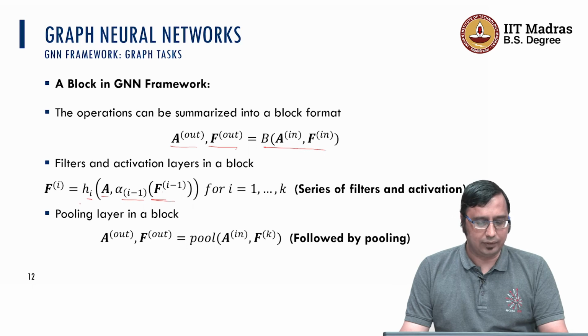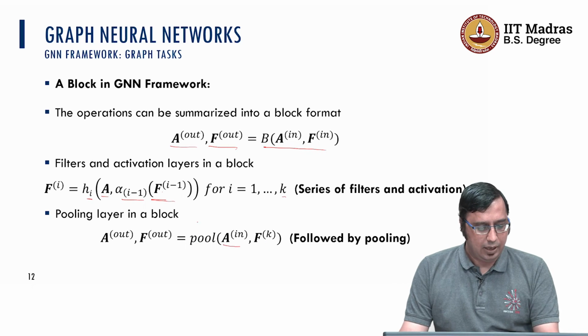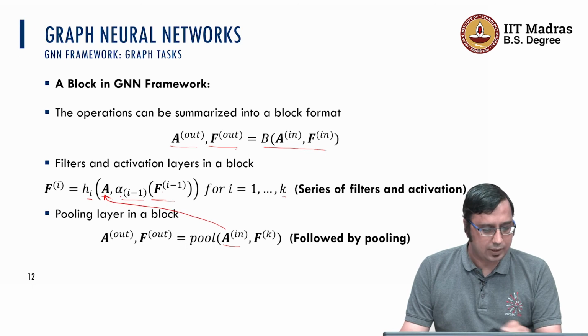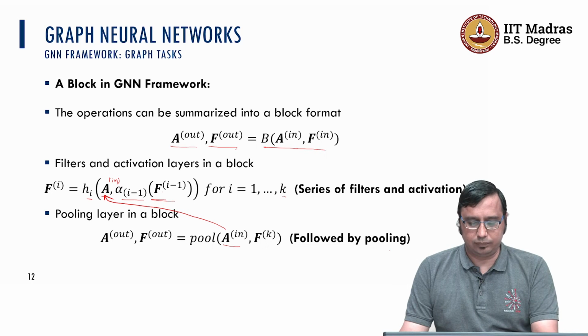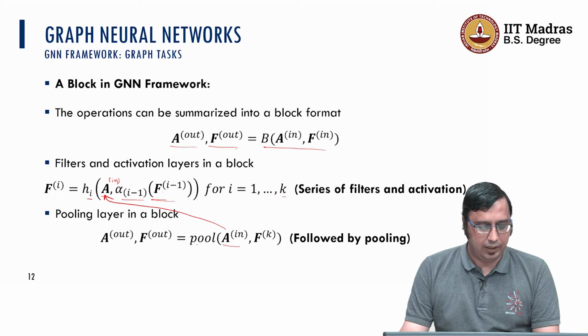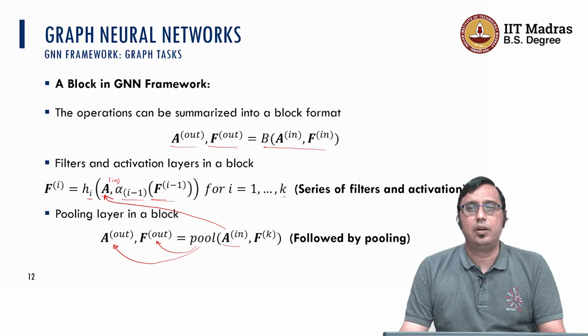Once we have this Fi at the end of the kth layer, this will go to the pooling layer along with F in. Remember that F in is not changing. We apply the pooling layer, and after the pooling operation, we'll get an output F out, which is a new learned feature vector, and we'll also get A out, which is a new coarse graph representation, or graph structure representation.